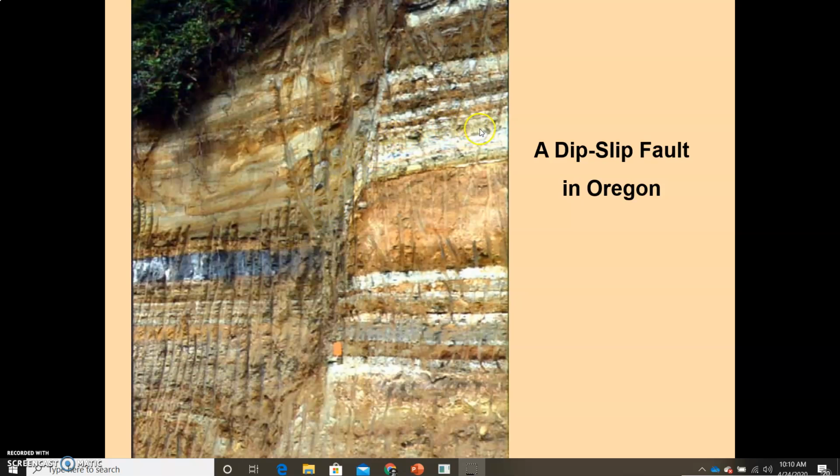You should be able to reconstruct, or put these layers together, join these layers together to retrace the movement of the fault. So it looks like this layer has moved down relative to these upper layers here.